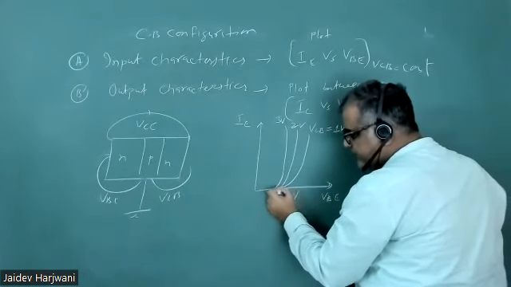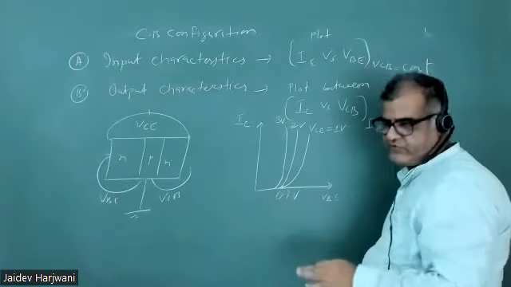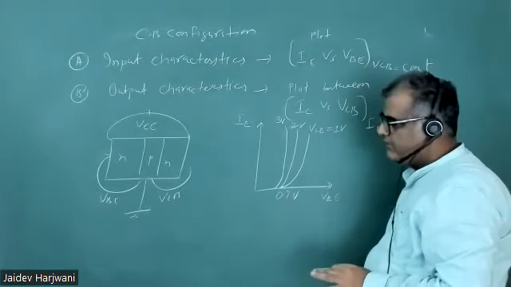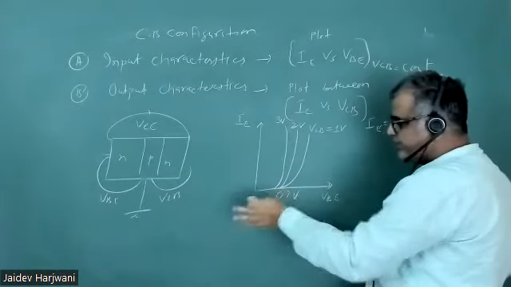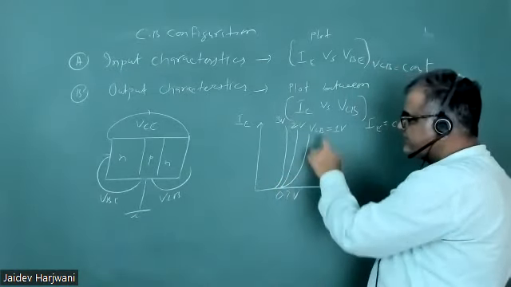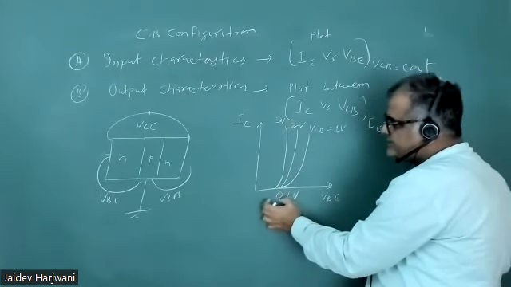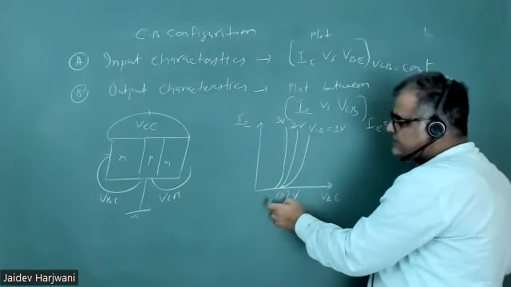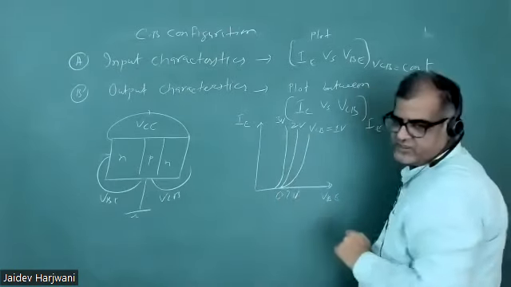You can say VB is slightly decreasing. This type of understanding is not required for the problems, but if I'm explaining the actual graph, when you plot in the laboratory, it comes like this. If you increase VCB, VB slightly decreases, which means you are getting higher current IE for lesser voltage.